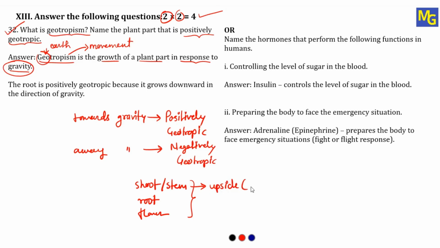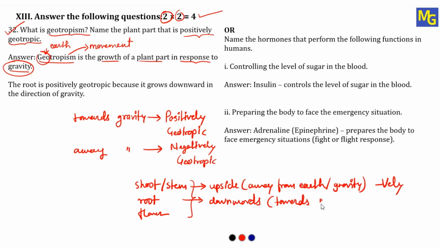Upside means it is going away from earth, and earth is nothing but gravity. So shoot is showing negative geotropism. What about root? Root will grow downwards, inside the earth, towards the earth or gravity.